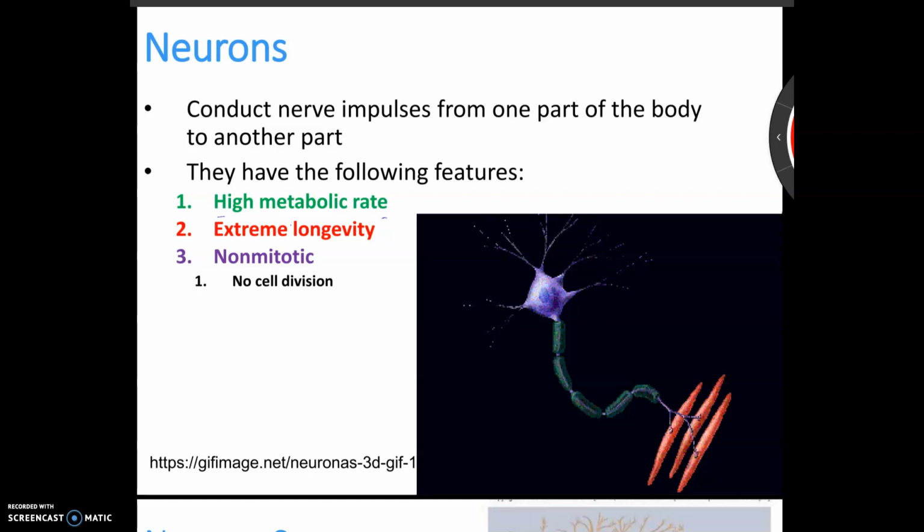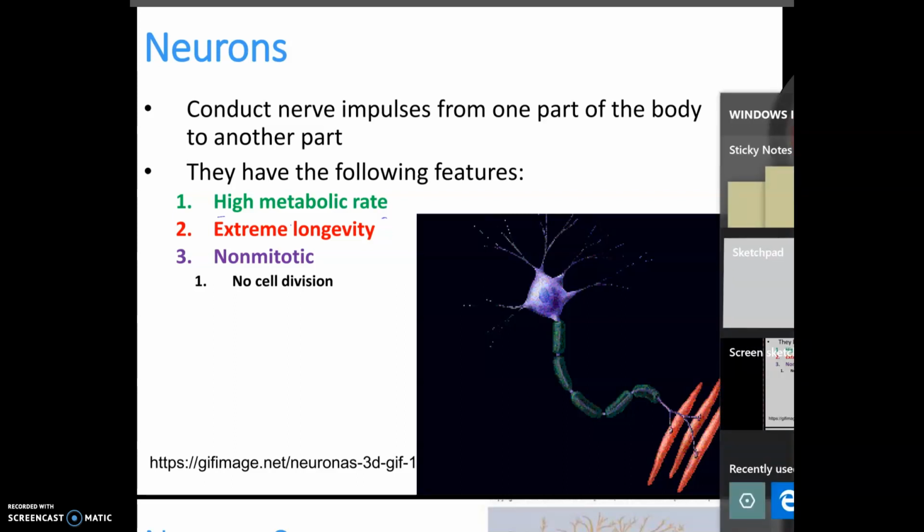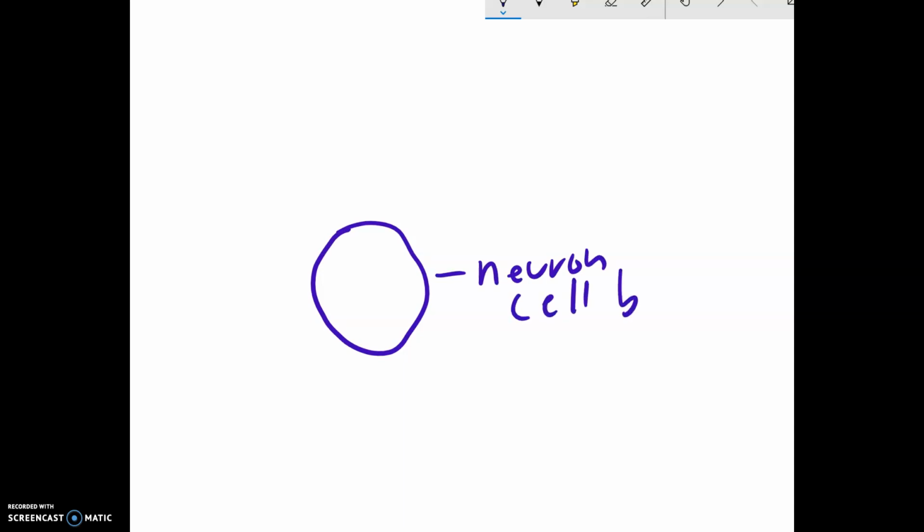So, let's look at what the parts of a neuron are. To begin with, we have the cell body of the neuron. Most neurons are going to have one long axon, A-X-O-N.